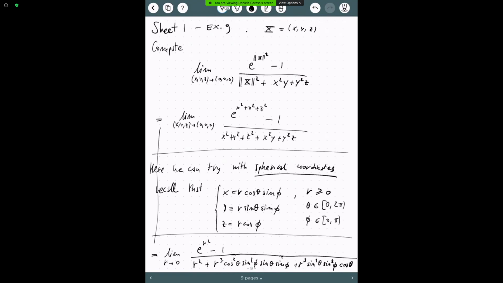Right. So let's continue with this calculation. So what do we get here? So this is equal to the limit for r that goes to 0.